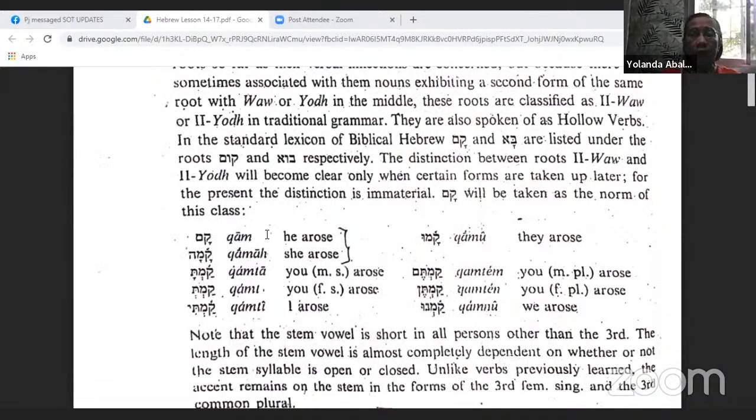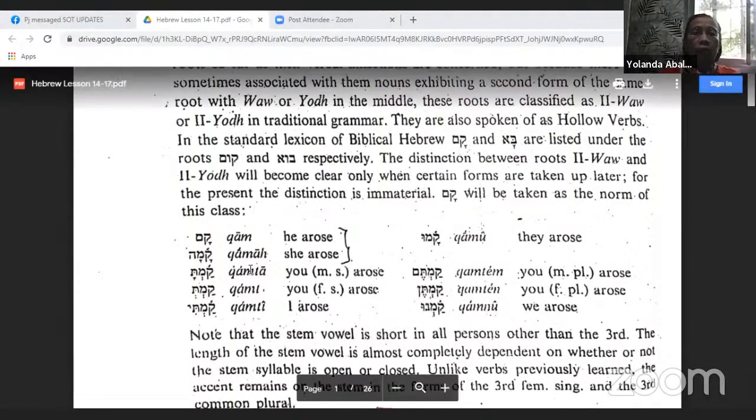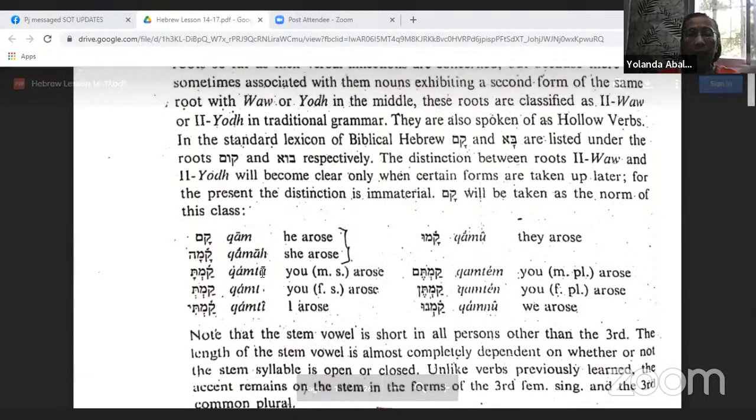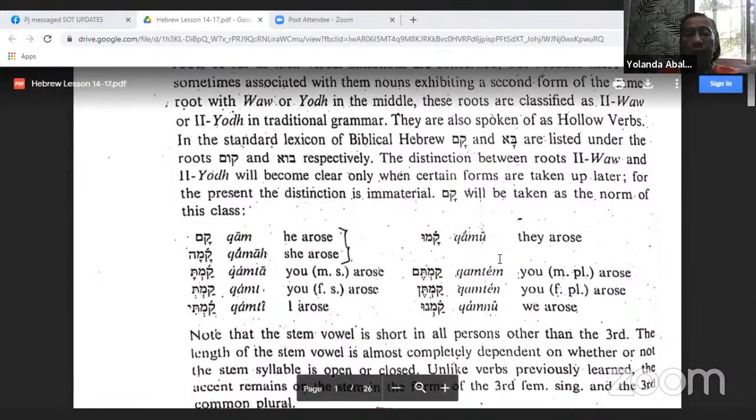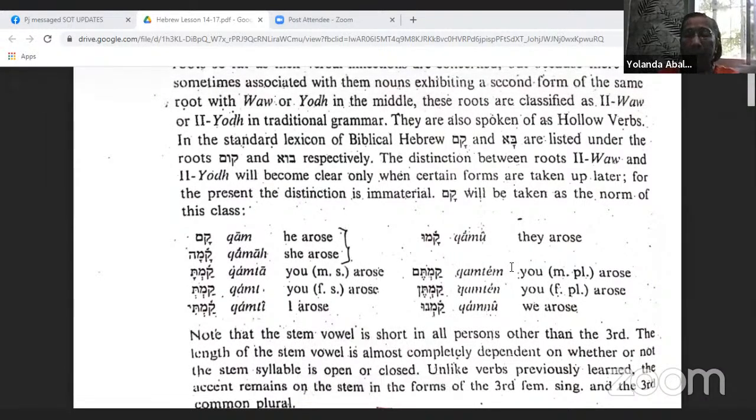Come, he arose. Kama, she arose. Kamo, they arose. The man, the woman, they arose. Kamta, you man arose. Alright. Kamtem, you men arose.